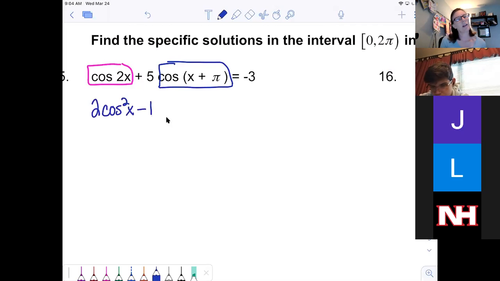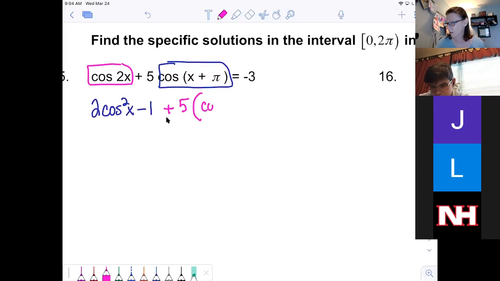Jenny, what do you know about the cosine of x plus pi? It looks like the sum formula for cosine. Yeah, it's the sum formula for cosine, but it's all being multiplied by 5. So we have 5 times, and Jenny, what is the sum formula for cosine?